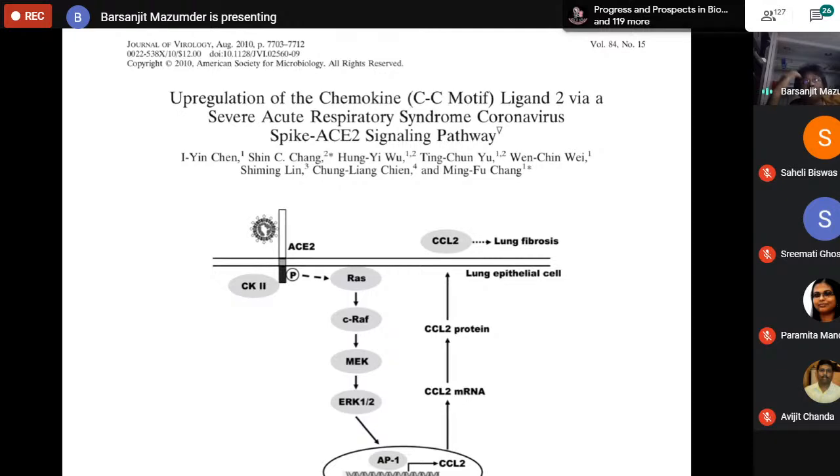They identified that S protein interaction with ACE2 triggers a signal transduction pathway that activates casein kinase 2 and activates the RAS, RAF, MEK, and ERK pathway, and ultimately signals the nucleus and causes transcriptional induction of CCL2 mRNA.